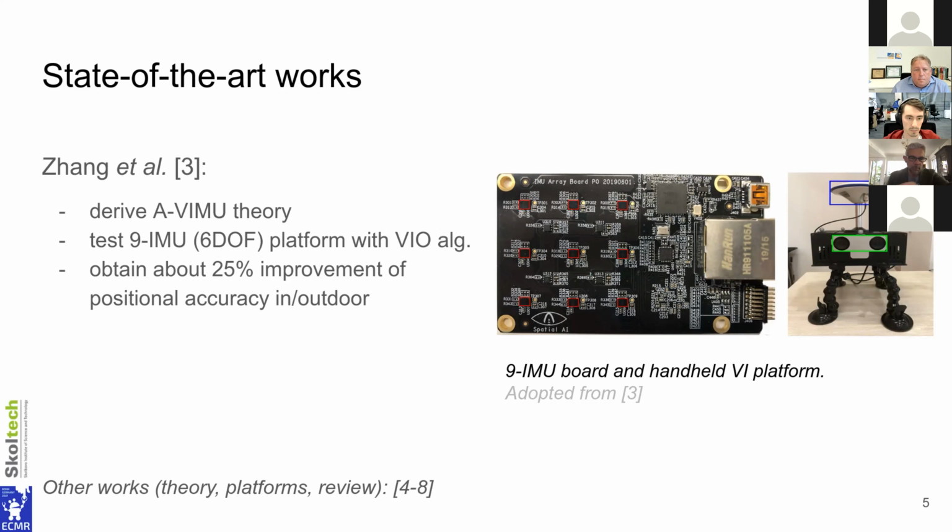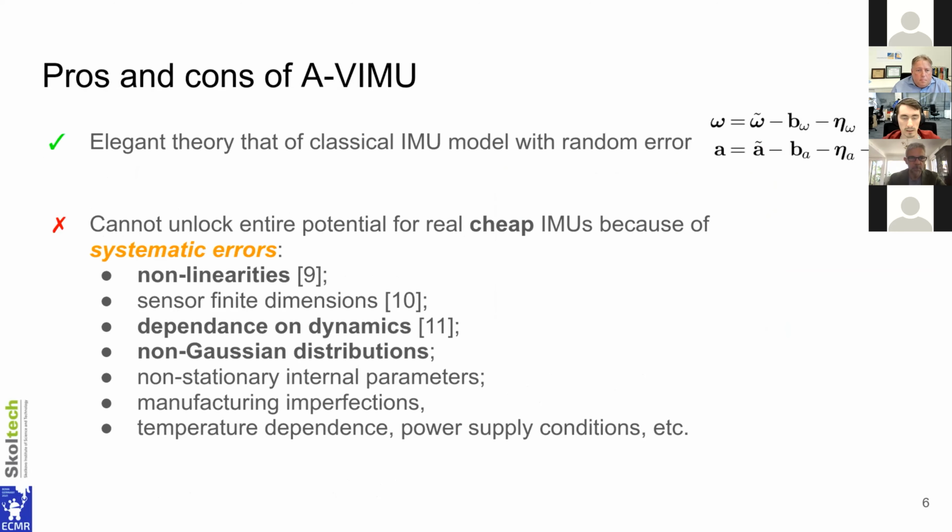They test this platform and state that their approach improves accuracy of position by about 25%. This is really elegant and simple theory introducing classical IMUs, but it cannot obtain the entire potential for real cheap IMUs because of systematic errors.